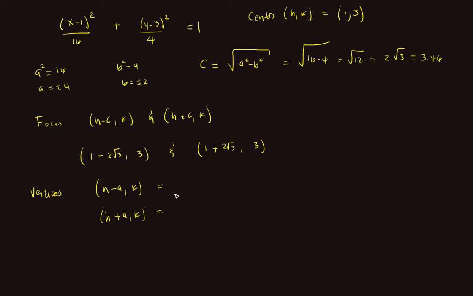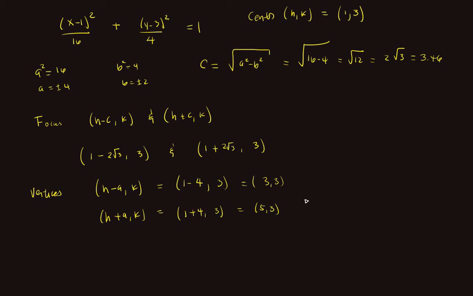In our case, this is going to be 1 minus 4 and 3, which is 3 and 3, and then the other one is 1 plus 4 and 3, which is 5 and 3. It should make sense because these points should be aligned with the center. It's a horizontal line, and those 3 points should be collinear.